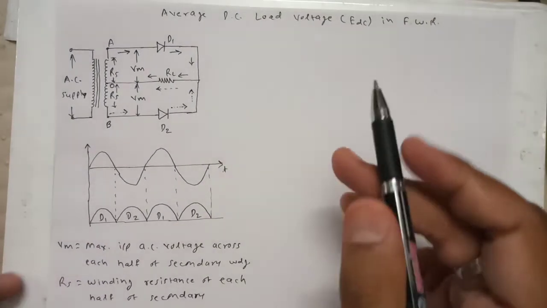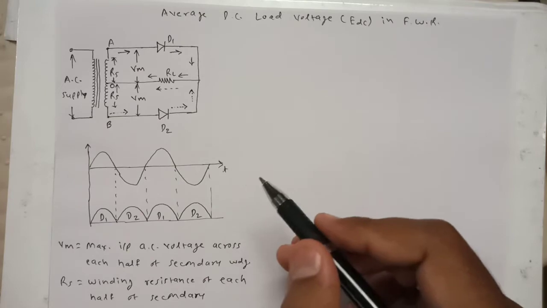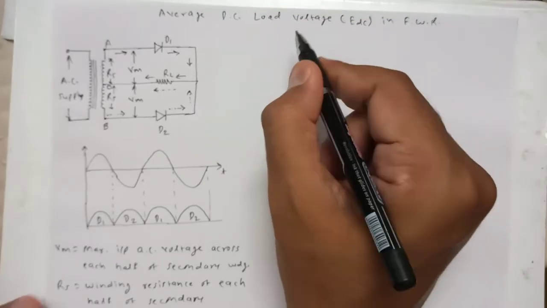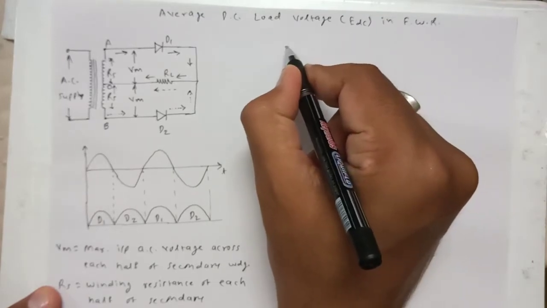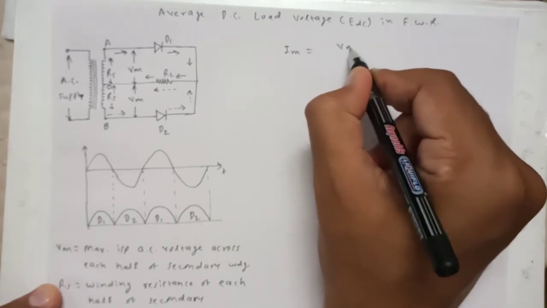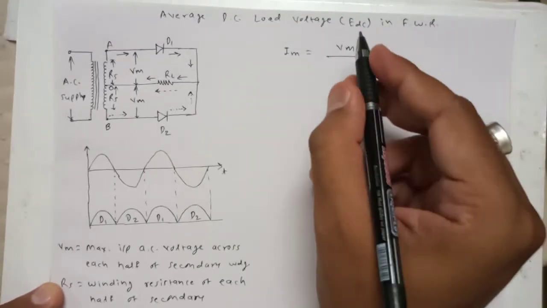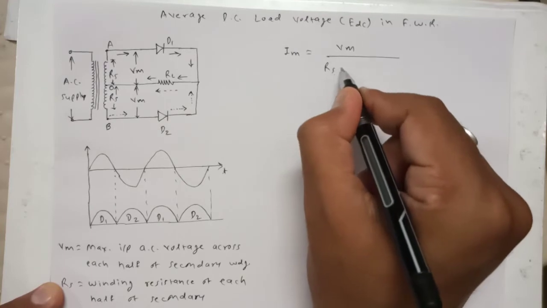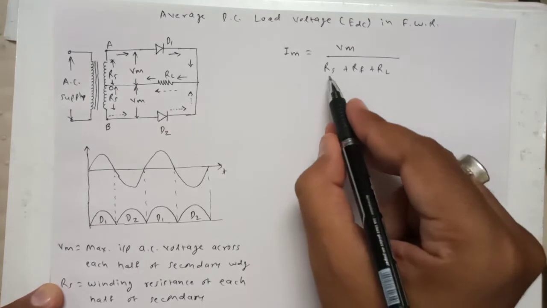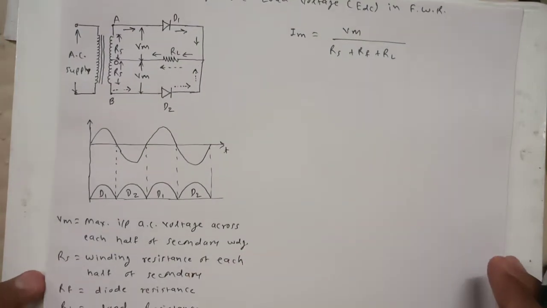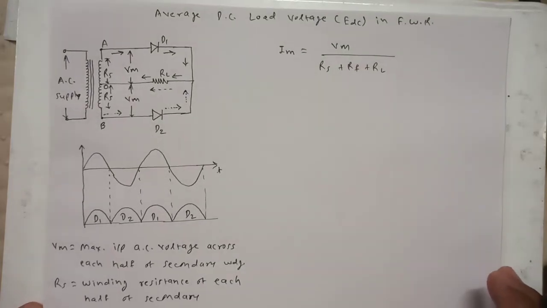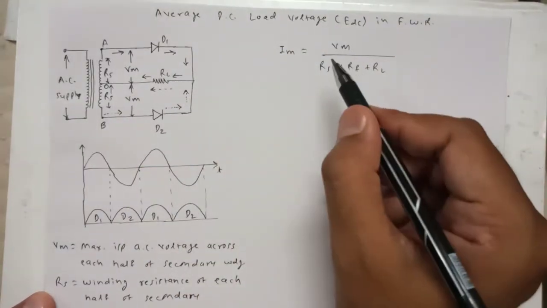Now, with these assumptions, we can write the equation for the current IM as VM divided by RS plus RF plus RL, where RF, RS and RL are as I have explained. That is the value of the current we are getting through the circuit.